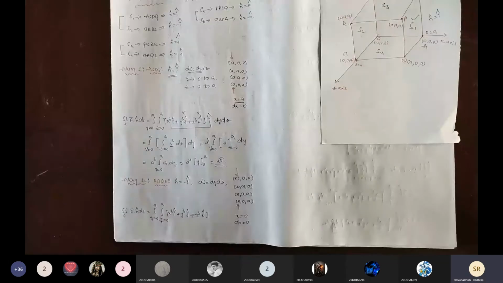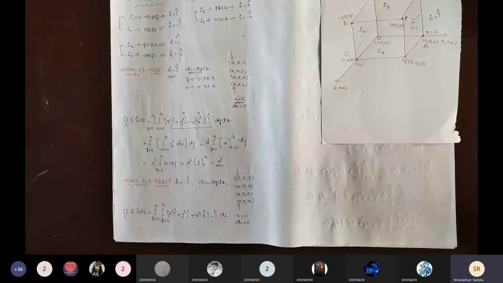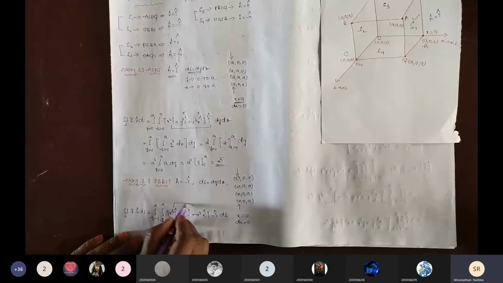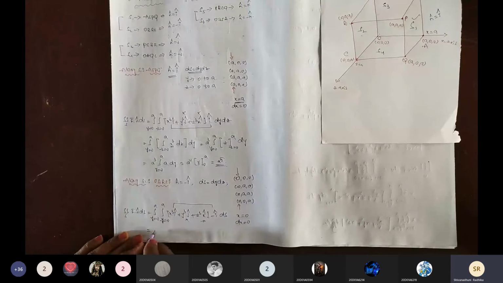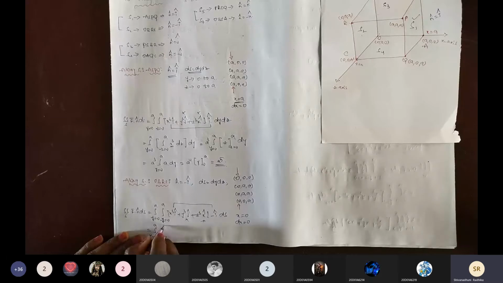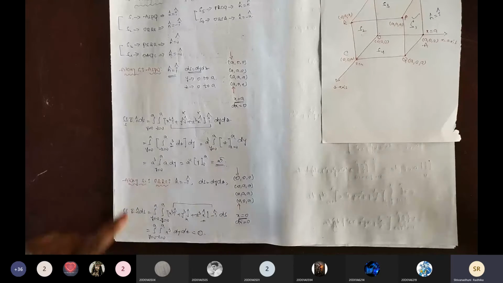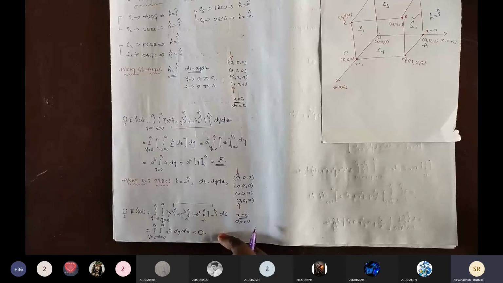What is n cap here? Minus i cap, ds. Here i cap dot i cap is one, and j cap and k cap vanish. So the integral of x cube dy dz. What is the x value here? 0. So S2 is completely 0.